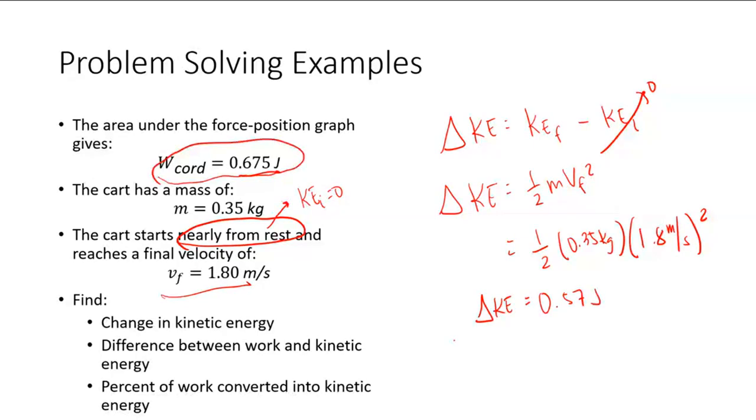We can calculate again for the loss using this formula. Work is equal to your kinetic energy plus the energy from your loss. Okay, so we just have to transpose your kinetic energy. Therefore, energy from the loss is equal to the work minus your kinetic energy, which is equal to 0.675 joules minus your kinetic energy, which is 0.57 joules.